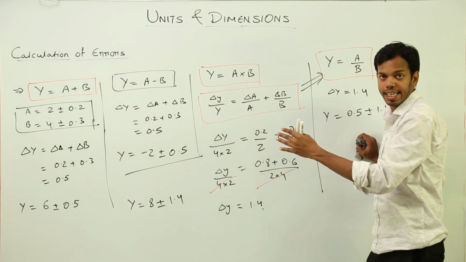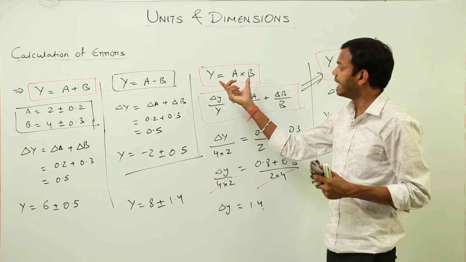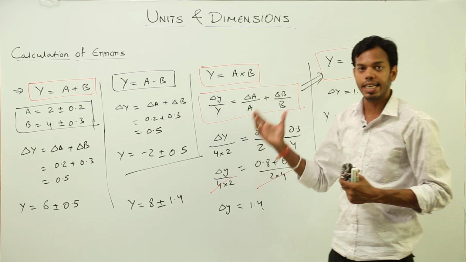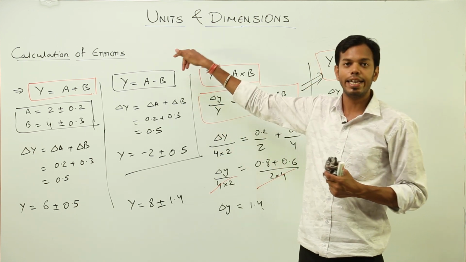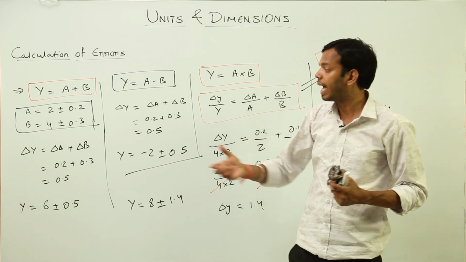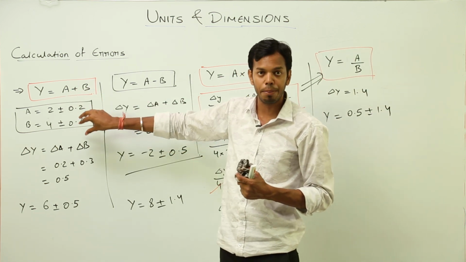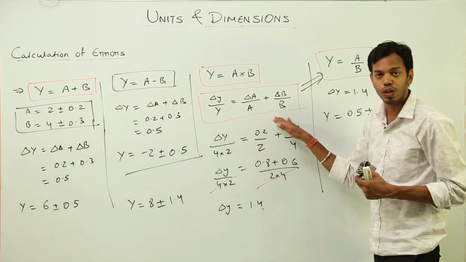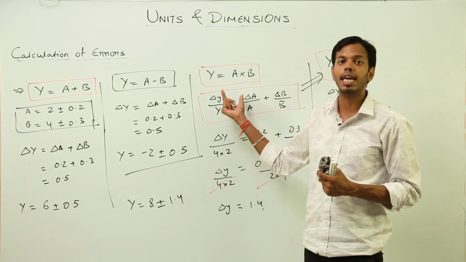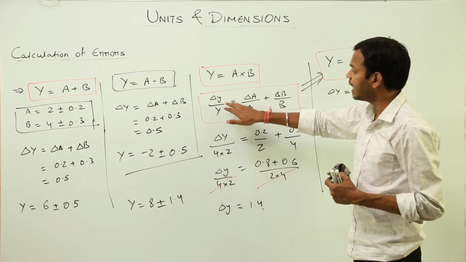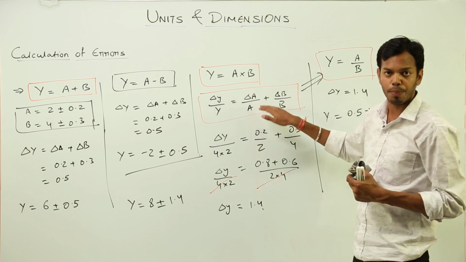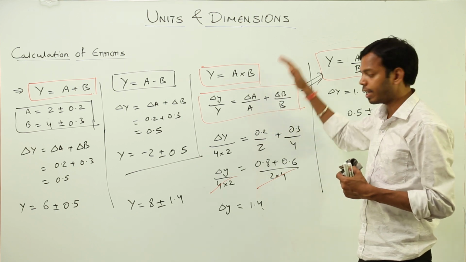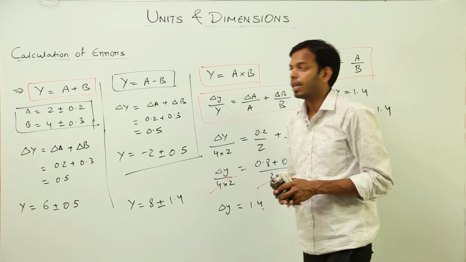So length into breadth would be in this format. To find the area, I'll be using just L into B, but to find the error in area having corresponding errors in length and breadth, I'll be taking help of this equation and I'll be getting the final error in area, which is delta A over A will be delta L upon L plus delta B upon B, and consequently I'll be getting the same answer.